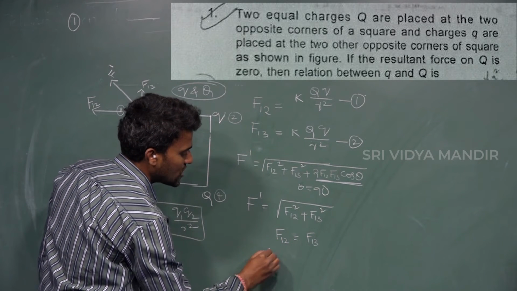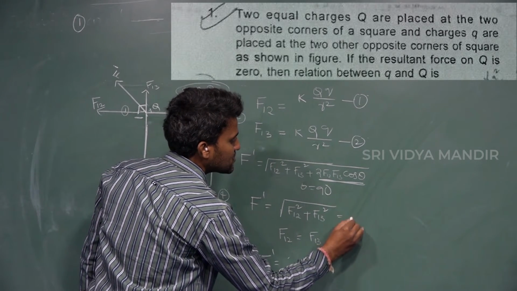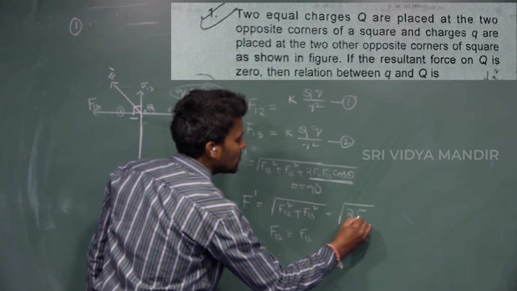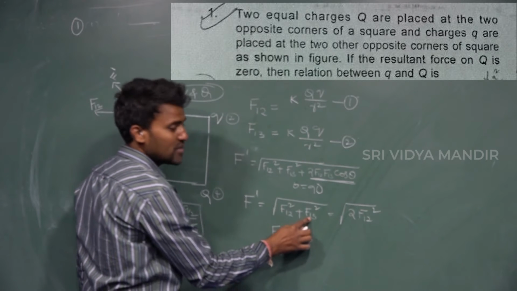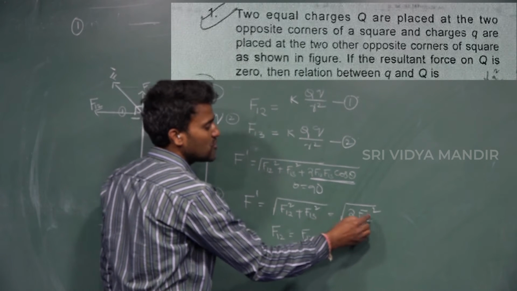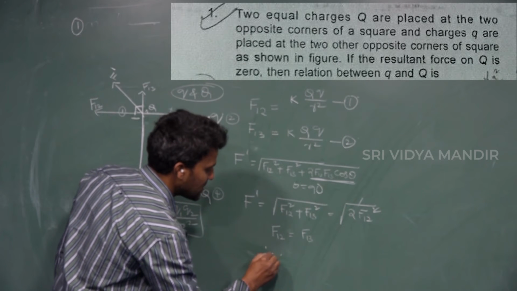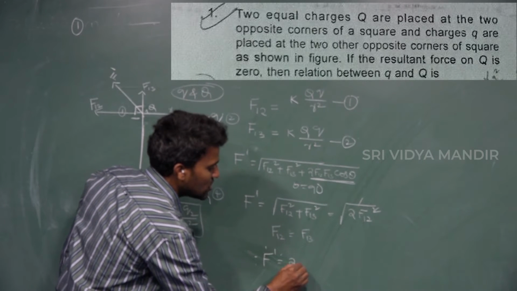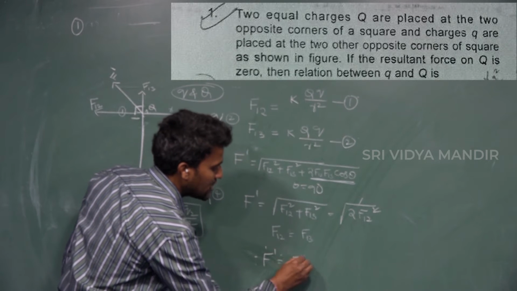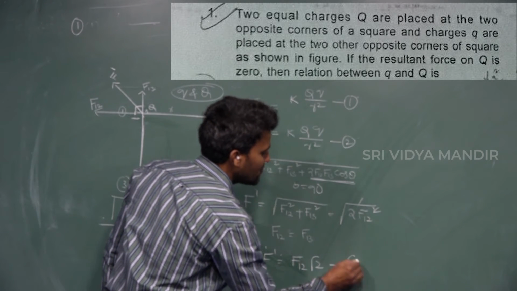F dash is equal to F12 square plus F12 square, that is 2 F12 whole square. The square and root get cancelled. So you can write F dash is equal to F12 root 2. This is equation number 3.